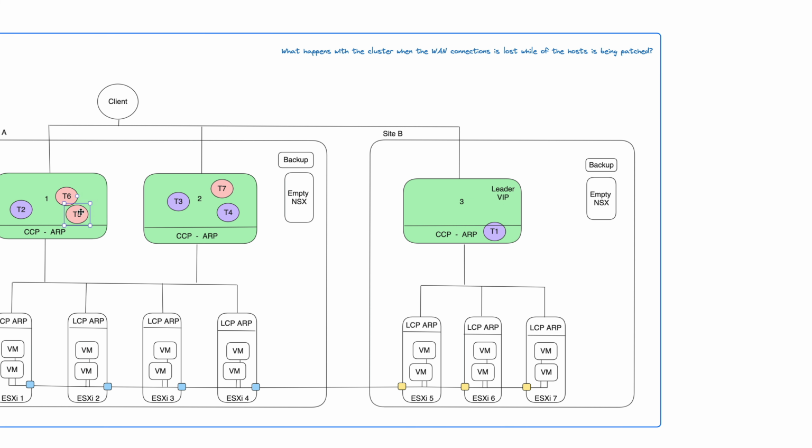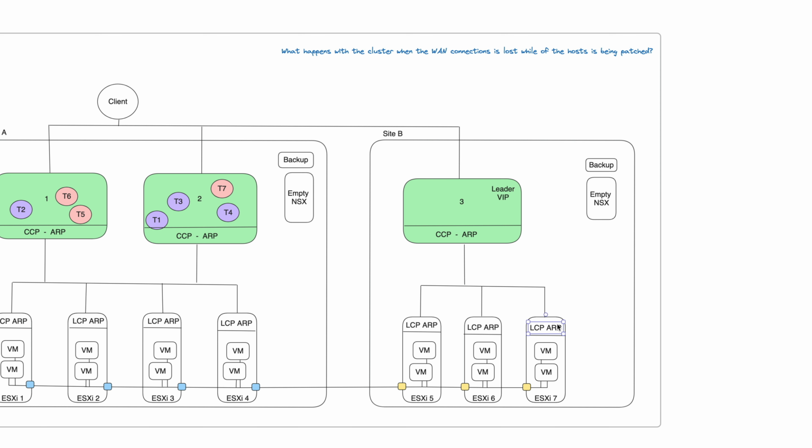As soon as site B will lose the majority, this guy will step down and he will not manage any transport nodes anymore. This is not a read-only NSX manager. A read-only NSX manager doesn't exist. We have to rely on the local control plane.